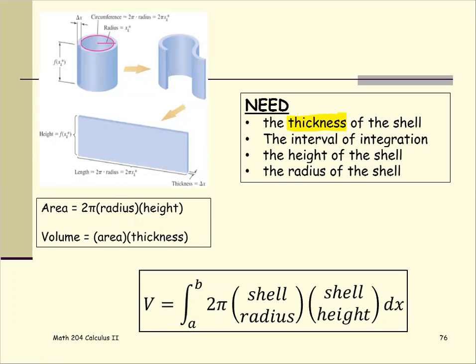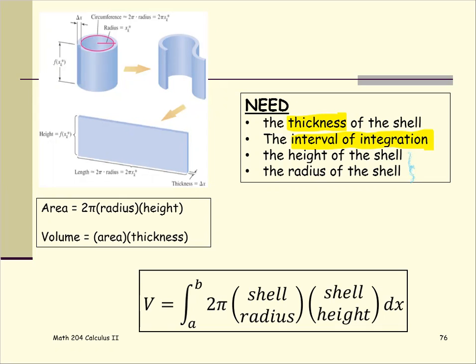After you identify either the x way or the y way, that tells you how to locate the interval of integration. Then you look for the height of the shell and the radius of the shell.